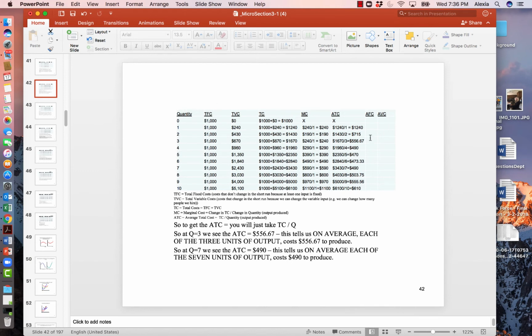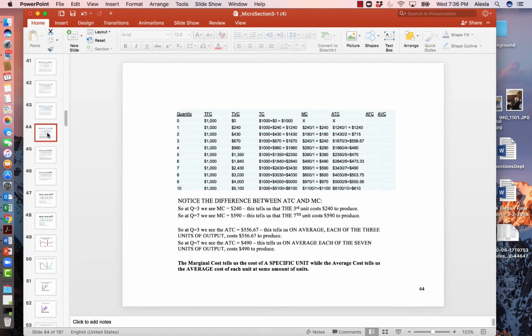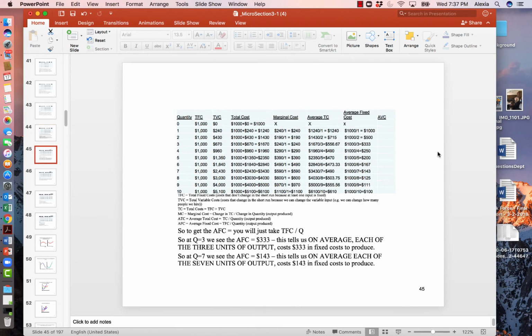Then we can separate it out and figure out our average fixed cost and our average variable cost. In order to do that, you take your total fixed costs and divide by the output, because an average is just some total over some quantity. So if you want average fixed, it's the total fixed over the quantity.